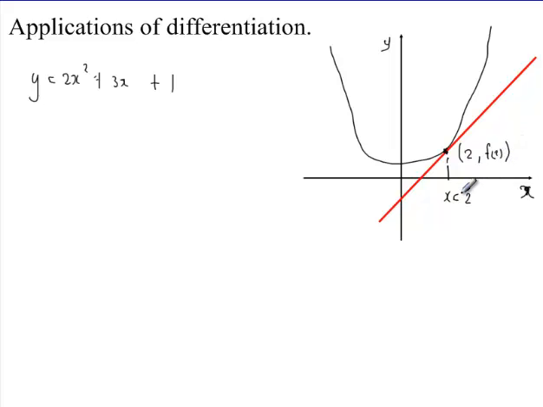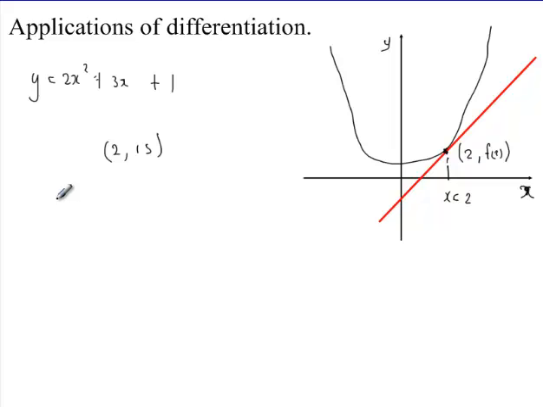So then that point will be what? 2 squared is 4, times 2 is 8, plus 3, is 11, plus 4, is 15. So which means that line and the curve pass through the point 2 comma 15.